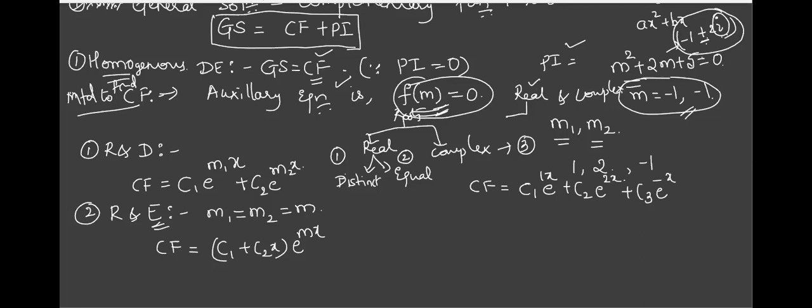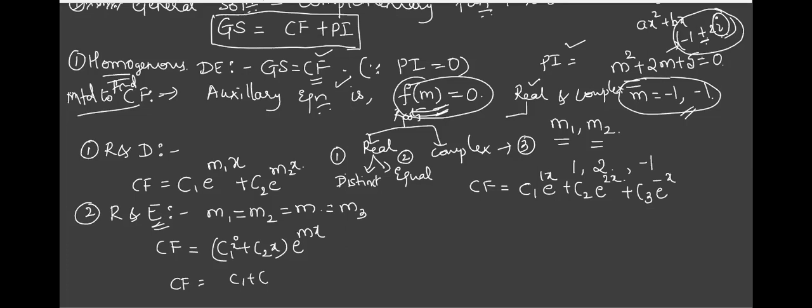Suppose you have one more root m3, which is also equal. There are three roots, all real and all equal. Can you guess what should be the CF? See how it is c1 plus c2x. Actually, along with c1, you have x raised to 0, then x raised to 1.